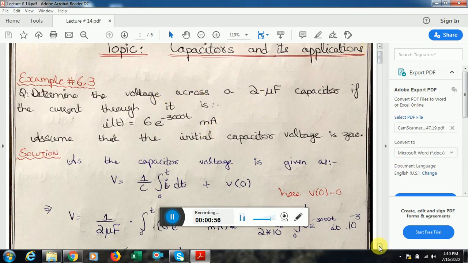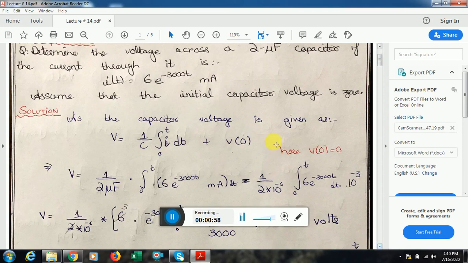By formula, you know that the voltage across the capacitor is given as 1 by C integral or antiderivative of i dt plus v of 0, as we are given that the initial condition voltage at time t0 is 0.